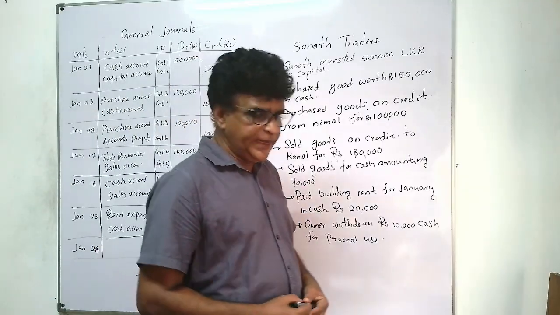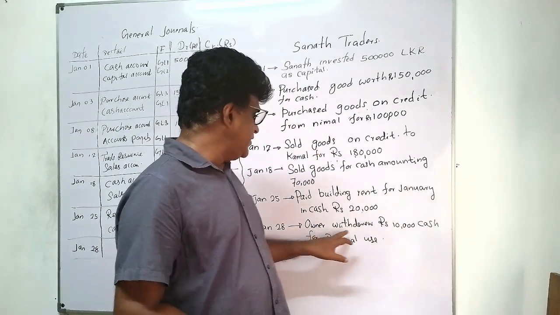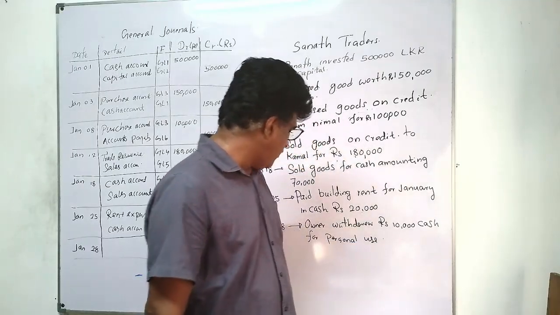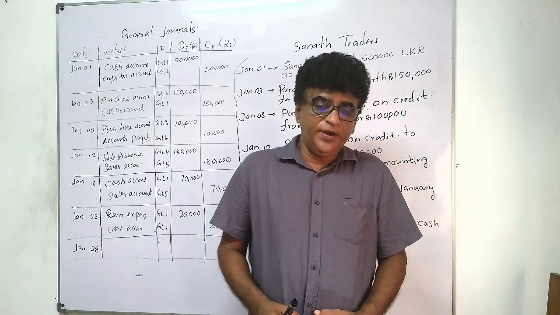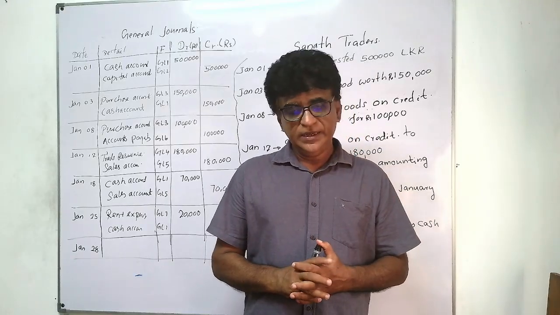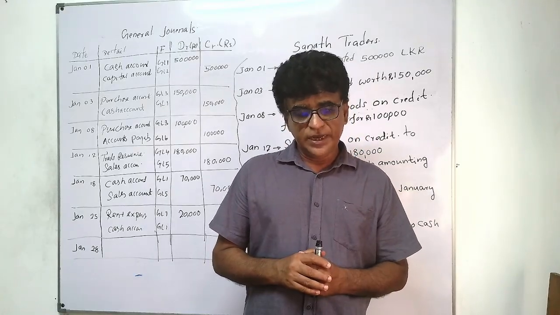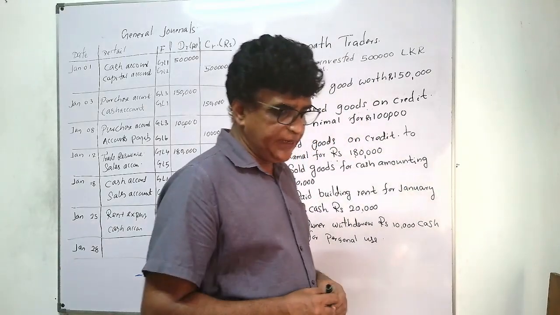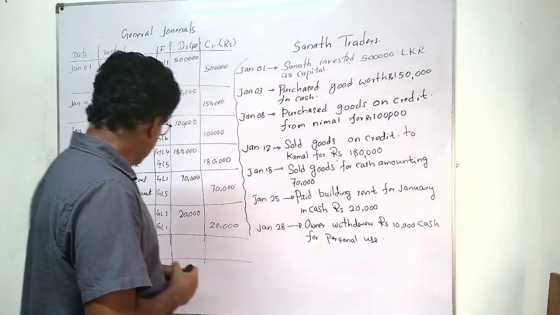Now owner withdrew 10,000 cash for personal use. Owner is withdrawing 10,000 rupees, right? That is drawing. That should be a drawings account. Then we have to debit the drawings account.